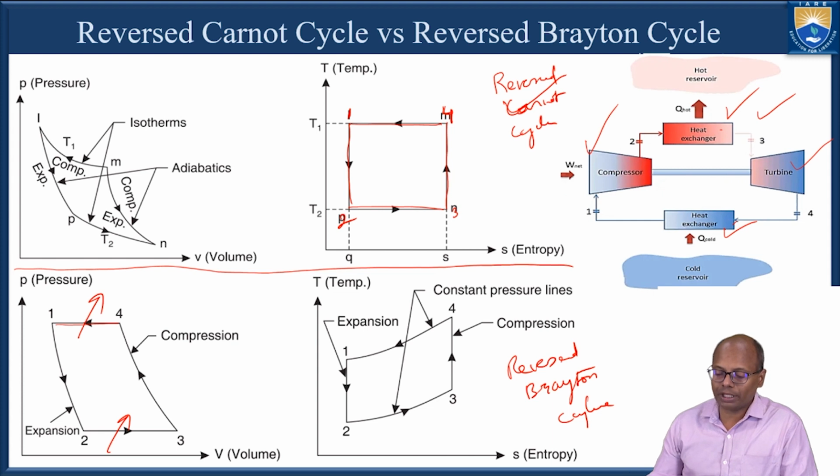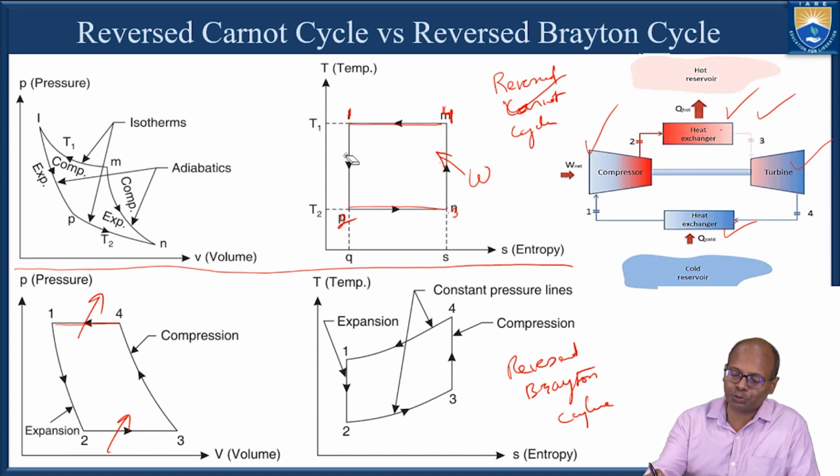Here the pressure is increasing from 3 to 4, and from 1 to 2 the pressure is reducing. So here it is a constant entropy or isentropic compression process, wherein we are supplying some work.